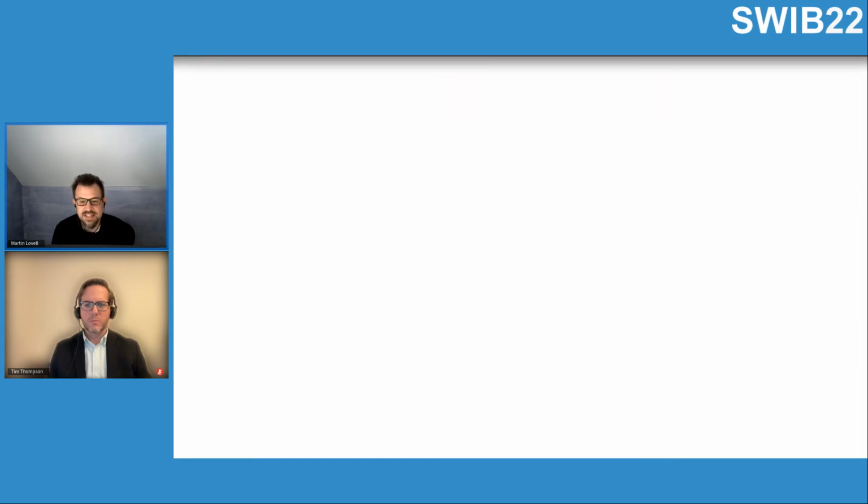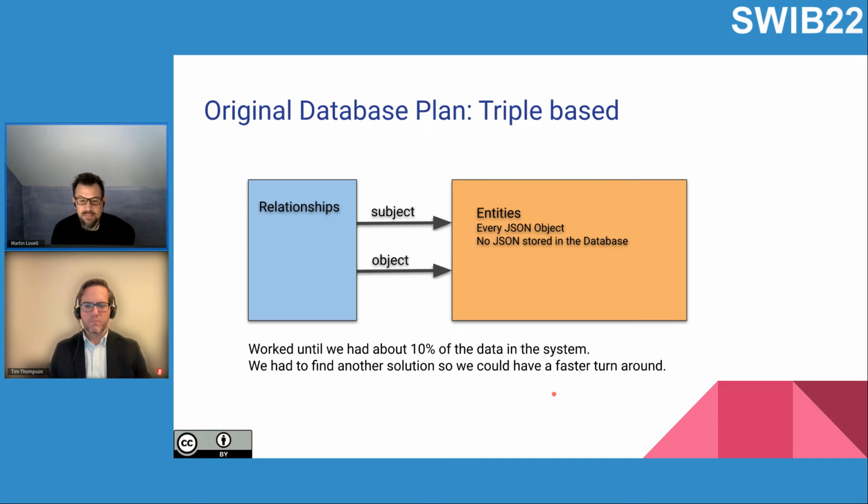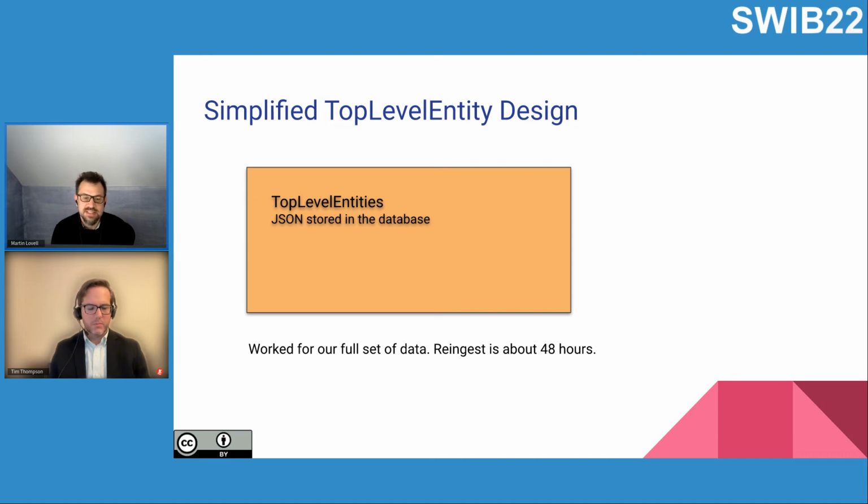So we didn't store any JSON, and this was pretty nice for a little while. But we were running out of time, and we couldn't iterate fast enough, and we only really got about 10% of our data into the system that way, and it was taking weeks to get in that much. So we had to come up with another solution, and that's why we came up with this solution of just storing the JSON in the tables.